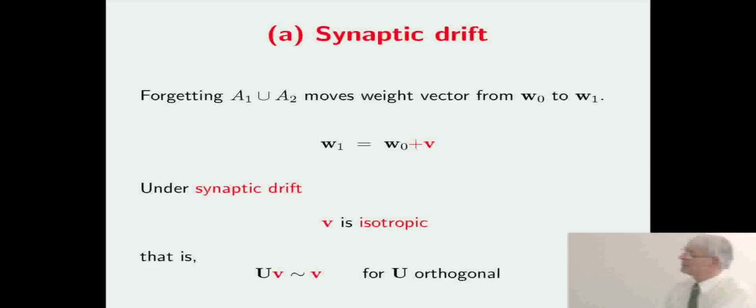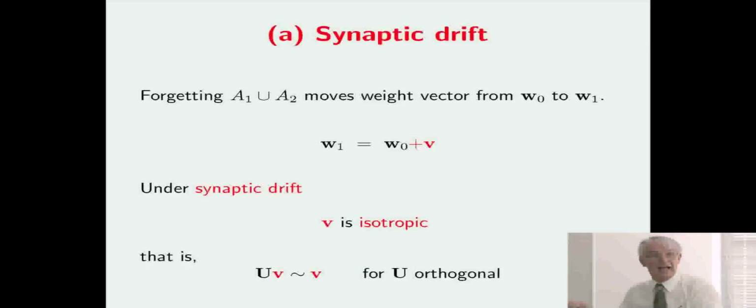So, let's think about how forgetting might occur. Forgetting involves moving the weight vector from W0 to W1, and we've done it by moving through a vector V. Under the kind of forgetting called synaptic drift, V is random and it's isotropic.